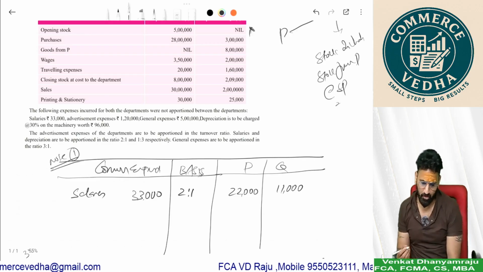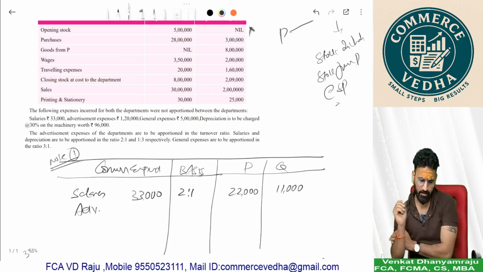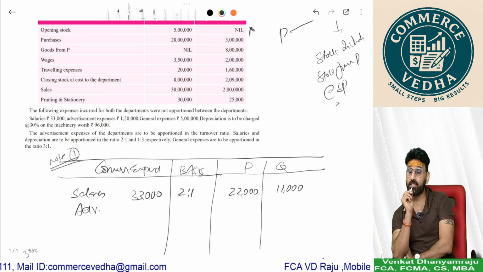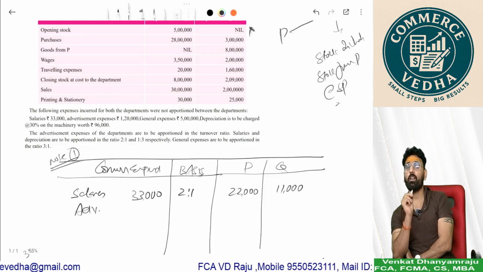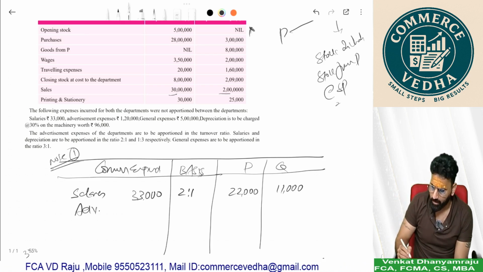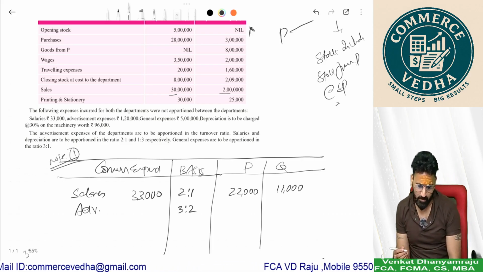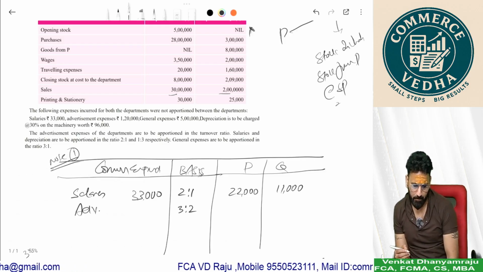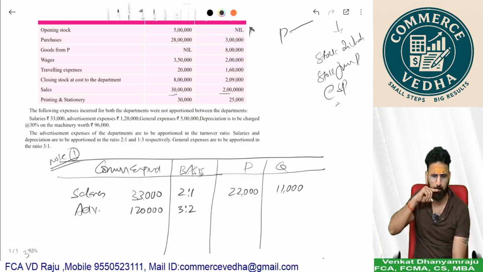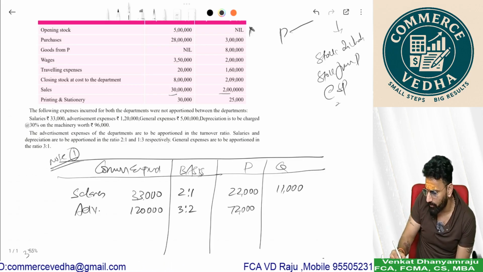Then the next expenditure is advertisement. The base for advertisement is turnover. See, turnover is always external sales. External sales here is 30-20. It means 3:2. So the advertisement expenditure given here is 1,20,000. 3:2 by 5, 24 into 3, 72 and 48.